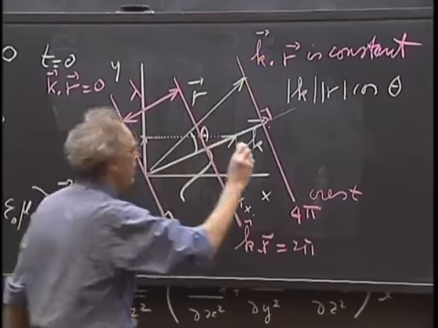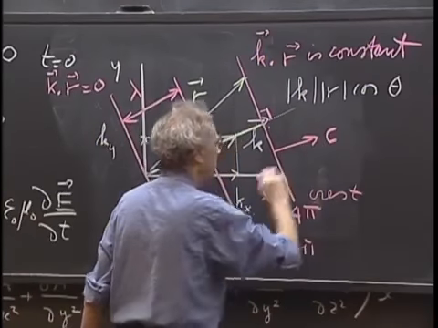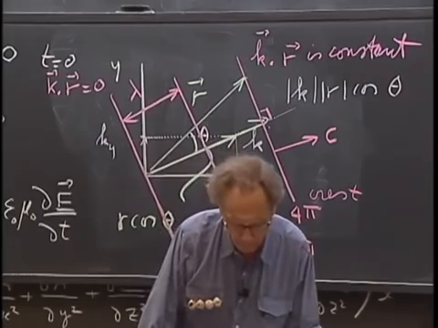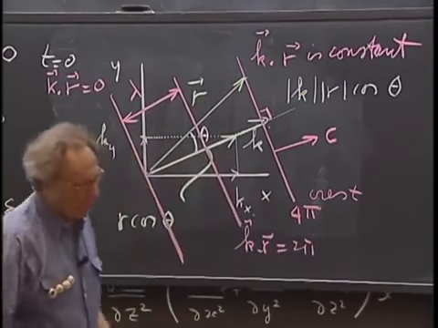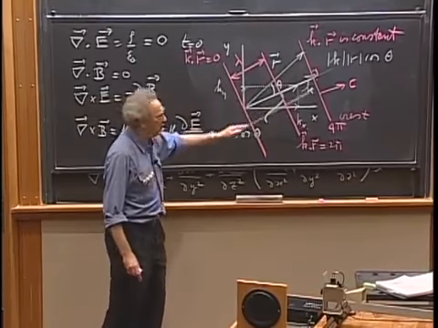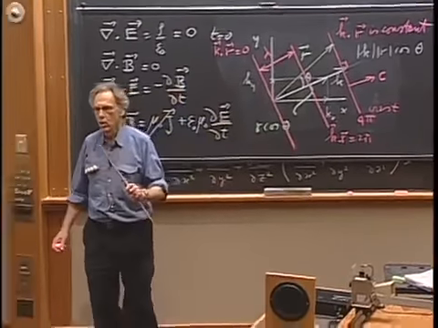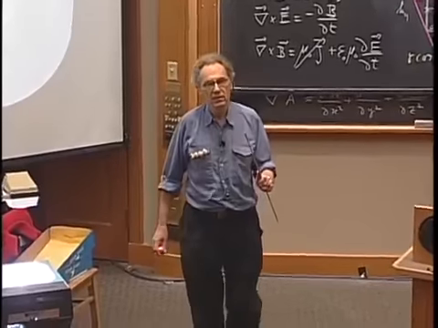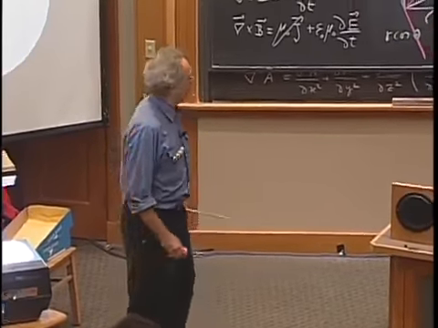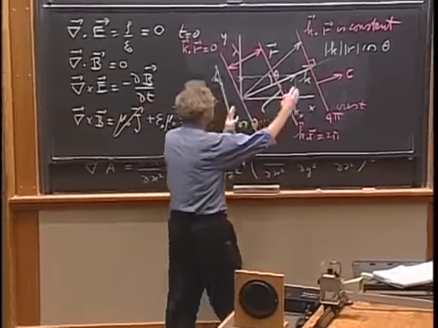And this whole thing moves out in space with speed c. And so you see the lines k dot r constant, perpendicular to k, represent the maxima of the E vector at this moment in time, and all that starts to move out.